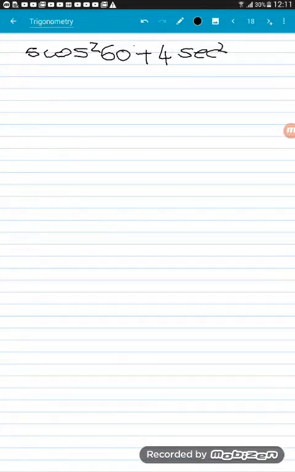Five cos square 60 plus 4 sec square 30 minus tan square 45.